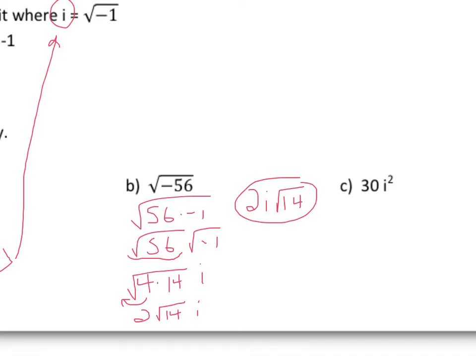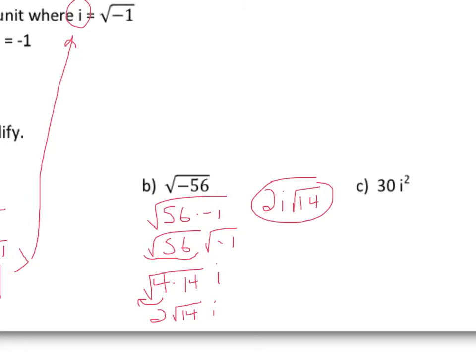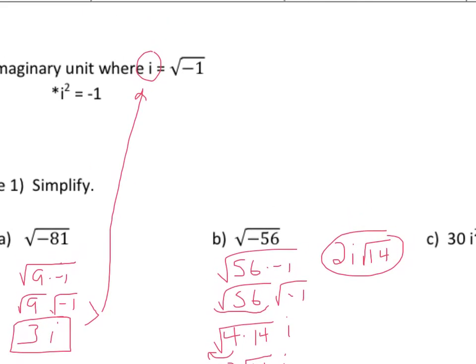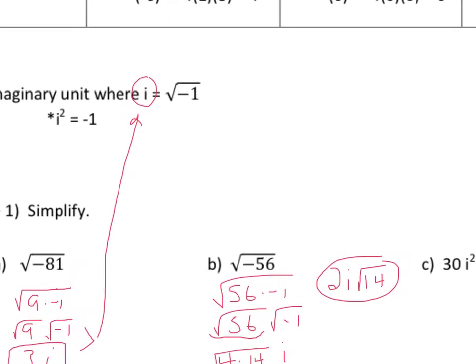Now, i squared was a source of great debate because there are two schools of thought here. If I take the root of negative 1 times the root of negative 1, and we follow the rules of multiplying radicals, I get the root of 1, which is 1. But there's a problem.